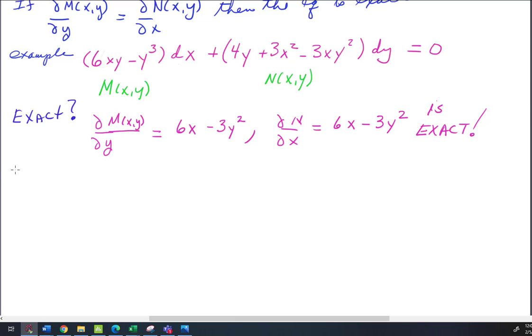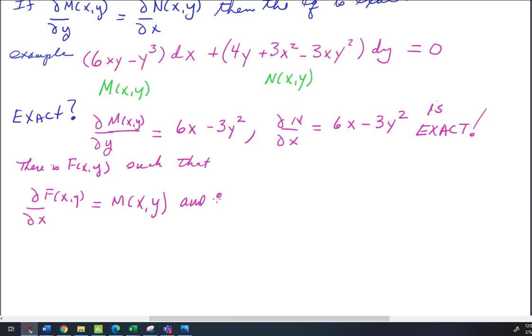So if it is an exact equation, we know that there is a function f of x, y such that the partial of f with respect to x is equal to M of x, y.